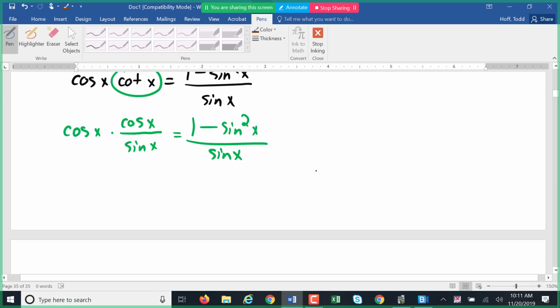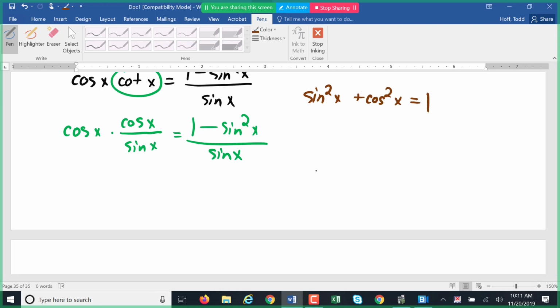Now looking at this, whenever I see a sine squared or a cosine squared, that should get me thinking about that Pythagorean relationship. Remember, we have sine squared of x plus cosine squared of x equals 1. And there's different variations of that. One variation is I could subtract sine squared of x from both sides.